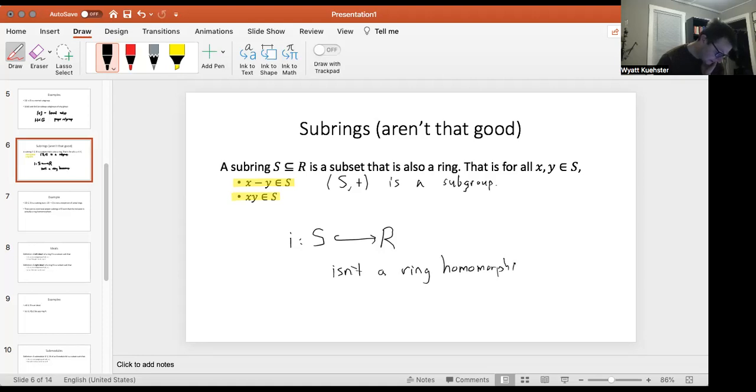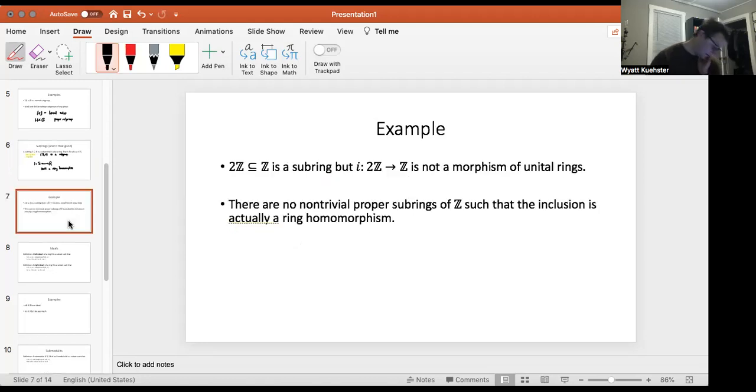So I'll illustrate that with an example. We had that 2Z was a subgroup, and it's actually also a subring, because I can multiply even integers together and I still get even integers. But remember that Z was a unital ring, meaning it had a multiplicative identity, 1.